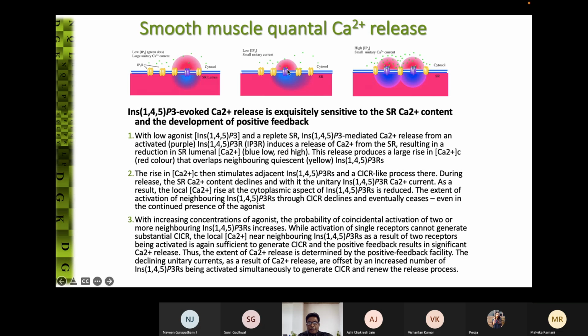But if you increase the amount of inositol in the vicinity, then the calcium that is getting released is going to influence the receptors in the vicinity and enable another such receptor to also release calcium. This is called calcium-induced calcium release.